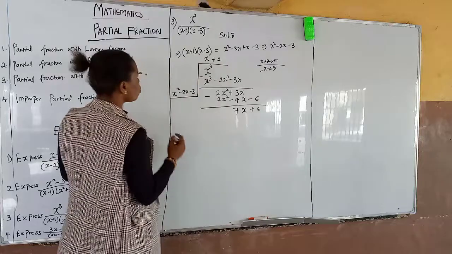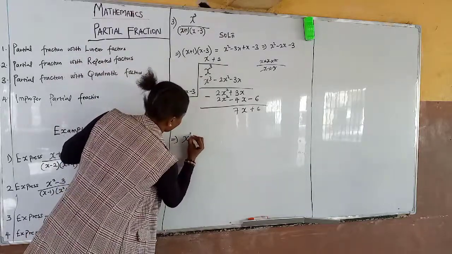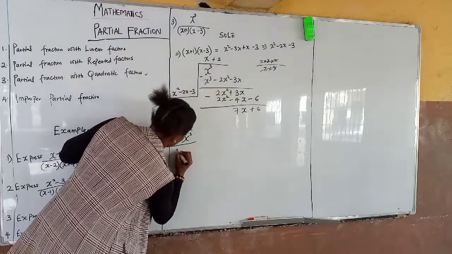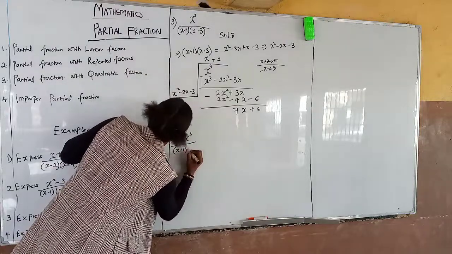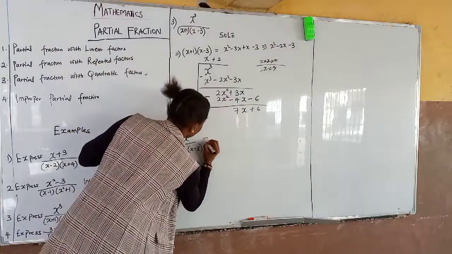So what you do is to repeat the question that was given to you: x cubed all over x plus 1 times x minus 3 is equivalent to what?